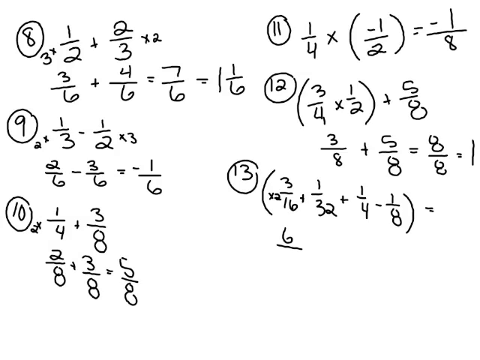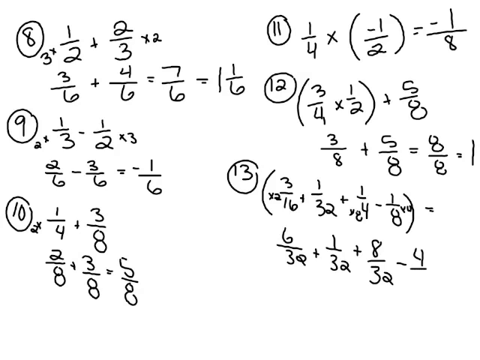So 6 32nds plus 1 32nd. About the 4, how do I turn that into 32nds? Times by 8. So 8 32nds. And then what about the 8? Times by 4.